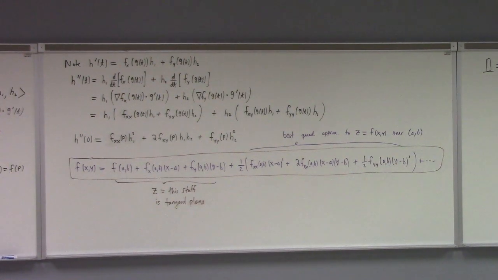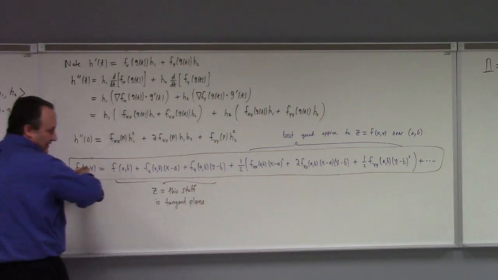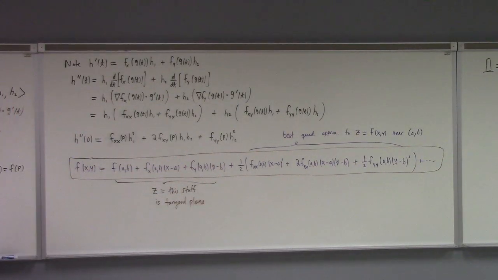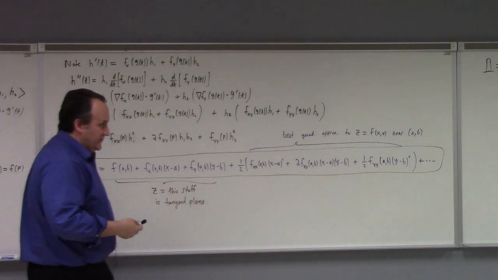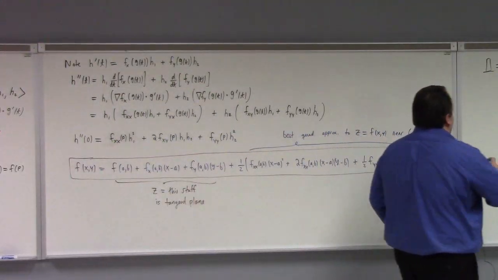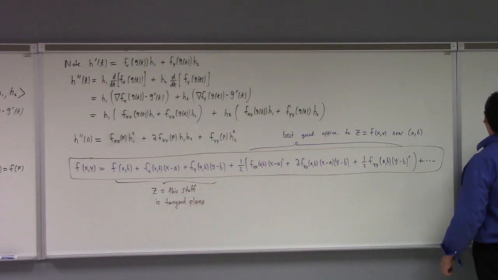I mean, this right here, this is a multivariate power series, right? It's just an unending polynomial in several variables. So let's try another one.